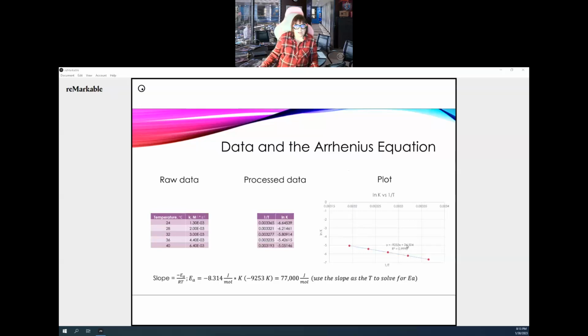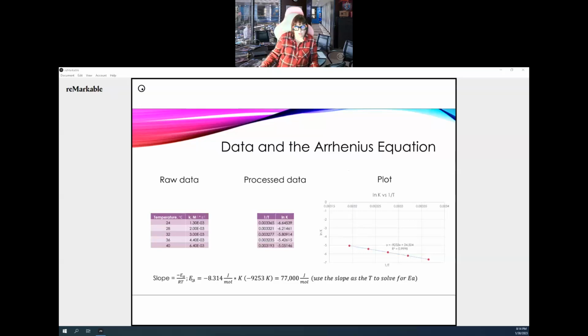A is that 24.504. Our slope is equal to negative Ea over R. So our Ea is equal to negative 8.314 joules per mole Kelvin times the negative 9253 Kelvin, which is this slope number out here.